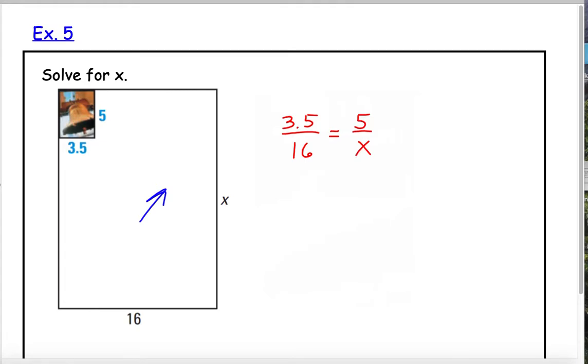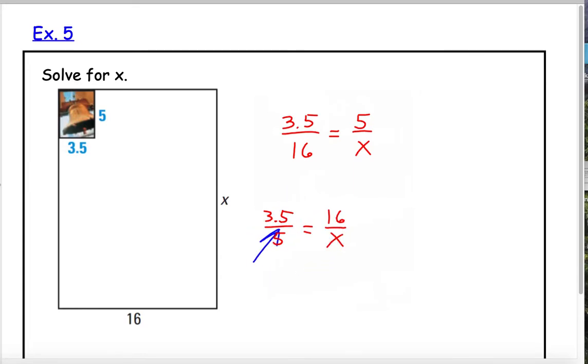Now that's not the only way we could have written this. Somebody else might say, hey, I want to do the 3.5 over 5, the two sides of the smaller rectangle, and that should equal the two sides of the bigger rectangle. Maybe that would be the way to do it. But notice in either case, when you cross multiply, you're doing 3.5 times x equals 16 times 5.